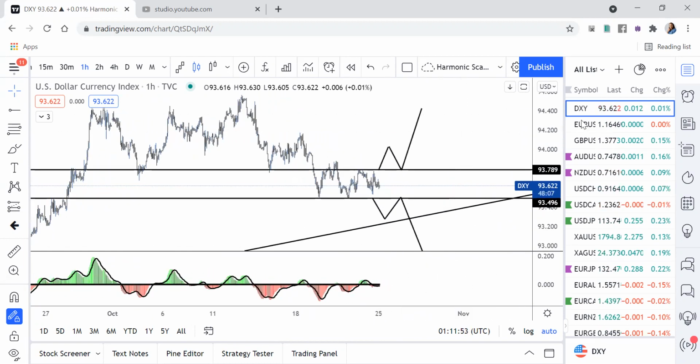One thing I want to do before I go on to the other pairs is to talk about alerts, because we get so busy day in and night out, sometimes we forget that this is a pair we were watching. Let alerts be your best friend.